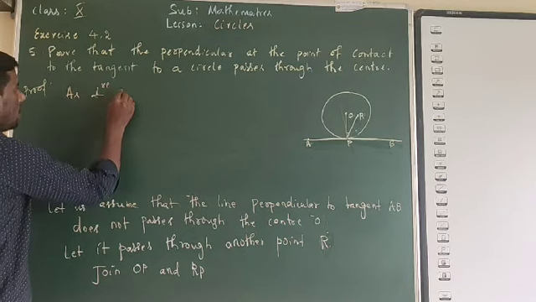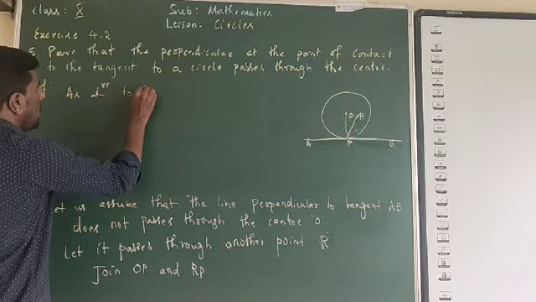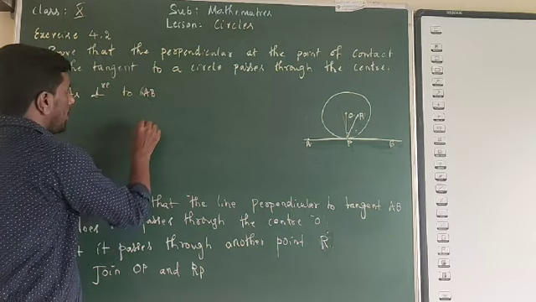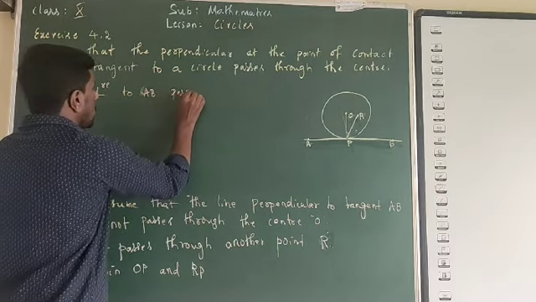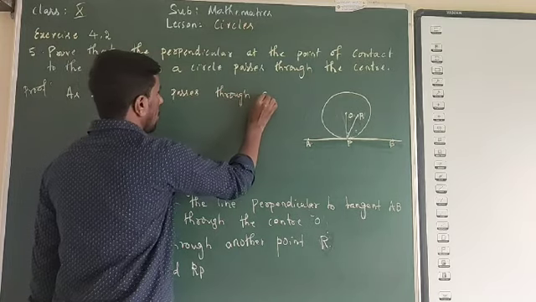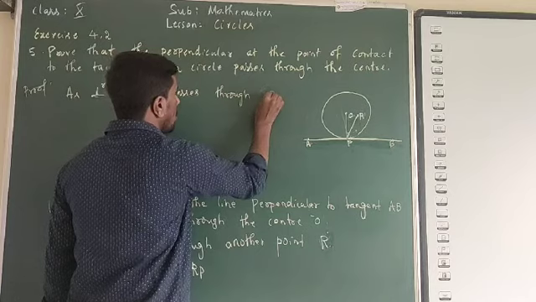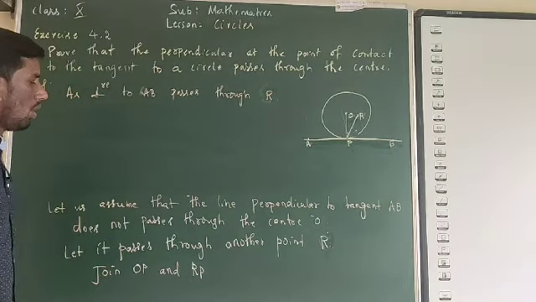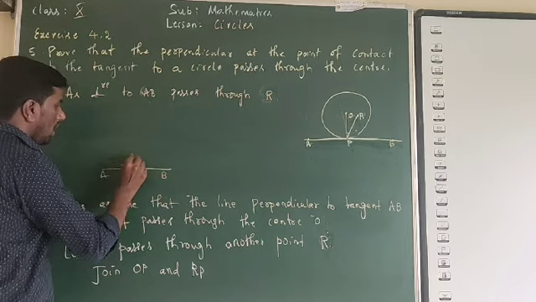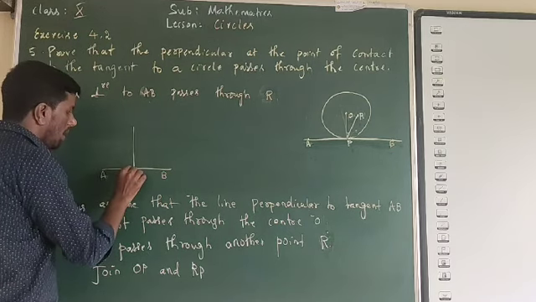Symbol of perpendicular: perpendicular to AB passes through R. We know that this is AB, so I will have a perpendicular.